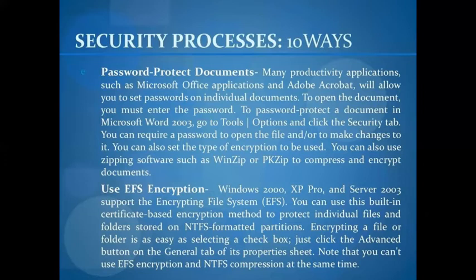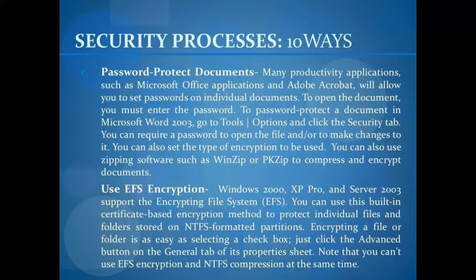To password protect a document in Microsoft Word 2003, go to Tools, Options and click the Security tab. You can require a password to open the file or even to make changes to it. You can also set the encryption to be used. You can also use zipping software such as WinZip or PKZip to compress and encrypt the document.